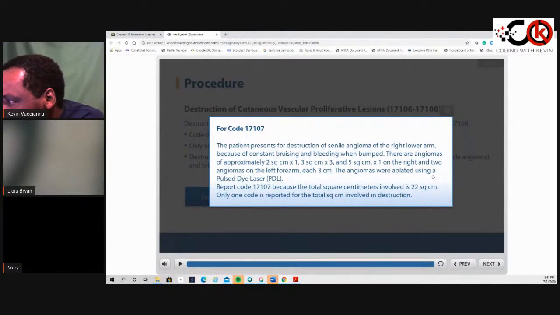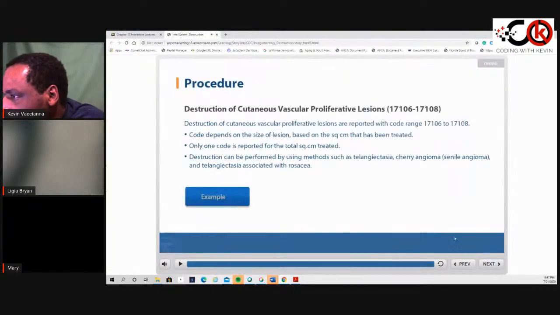The angiomas were ablated using a pulse dye laser. Report code 17107 because the total is 22 square centimeters. Only one code is reported for the total square centimeters involved in destruction. Any questions there? Okay.